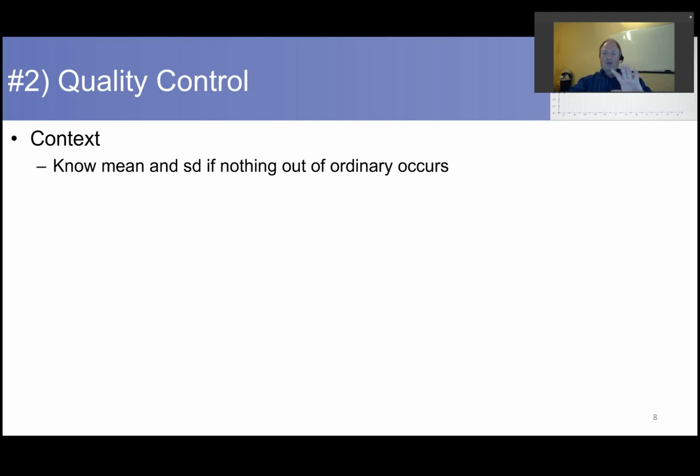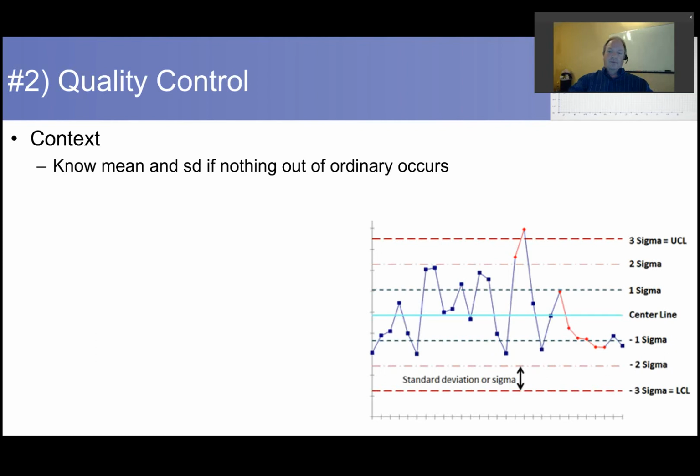And so I know that if it's operating properly, it should have this sort of variation about the mean. And I can compute the mean and the standard deviation. Okay. And what we're going to do is make what's called a control chart.